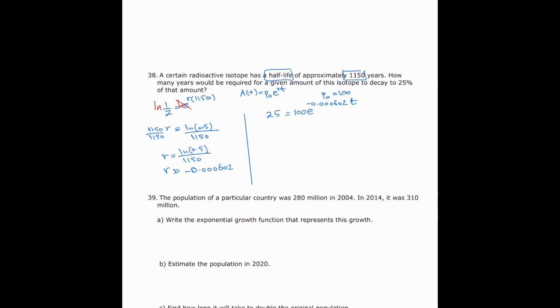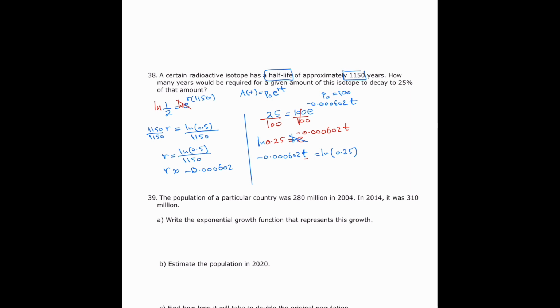So if you divide by 100, you will get 0.25 equals e to the negative 0.000602 t. Now, in order to solve, you're going to take ln of both sides. These will cancel. So you will have negative 0.000602 t equals ln of 0.25. Now we're going to solve for t.